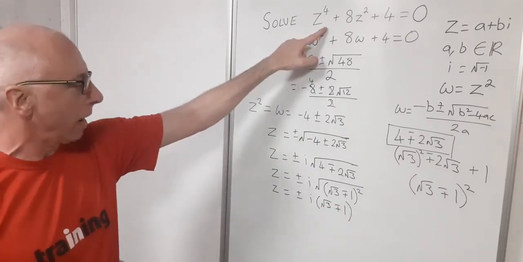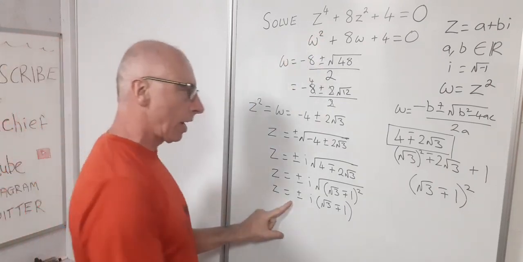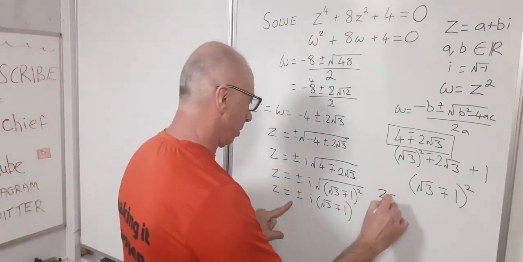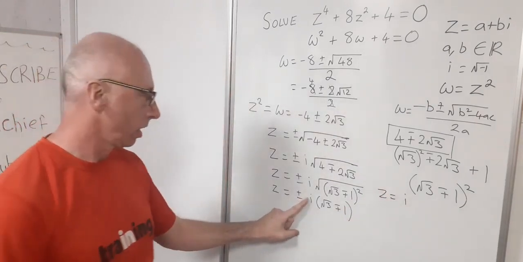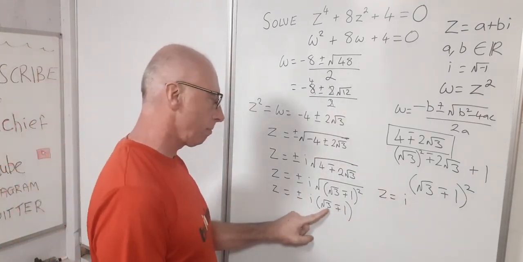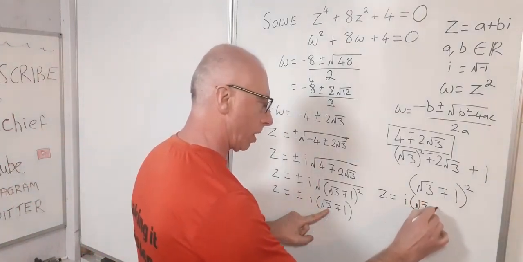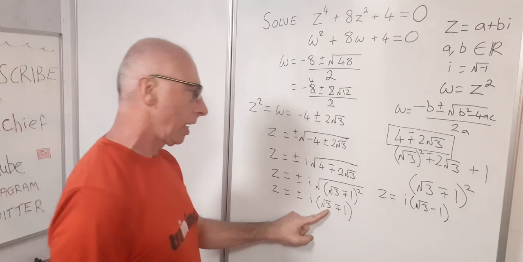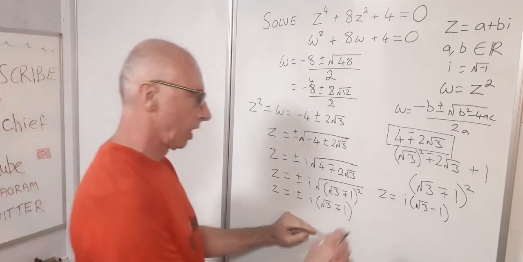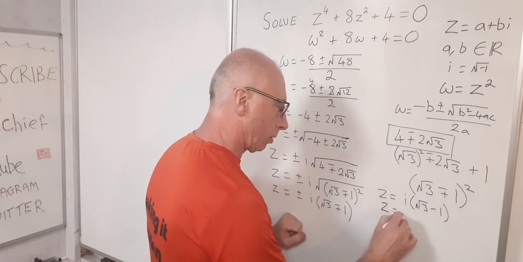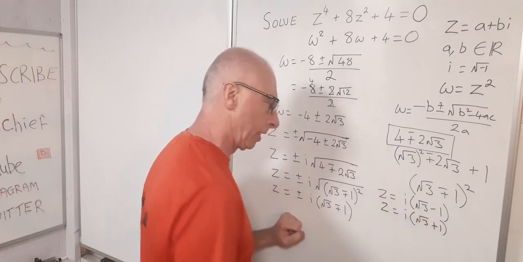As this is to the power of 4, I will always get 4 solutions. So z equals positive i times root 3 minus 1, and also, with the plus 1, z equals i times root 3 plus 1.